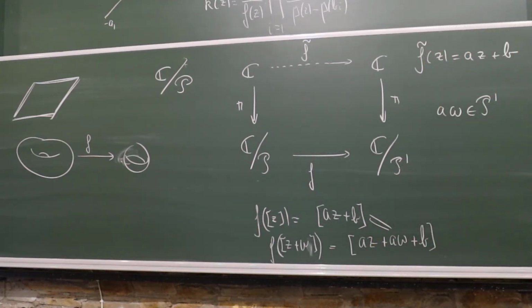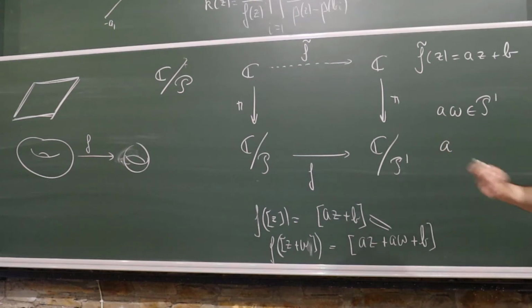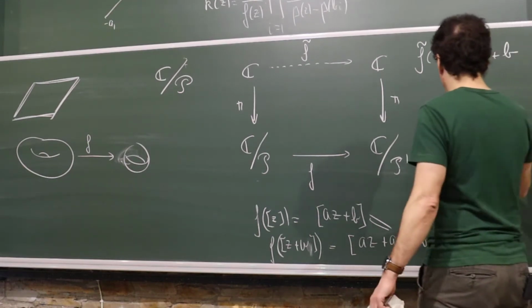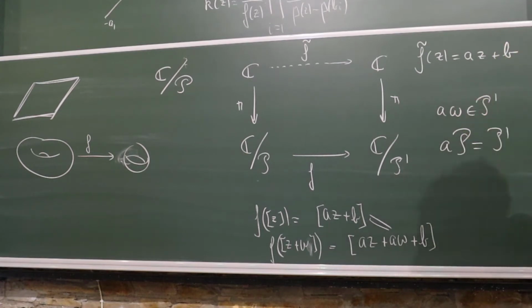So it is necessary, and in fact sufficient, for two tori like this to be conformally equivalent, to be analytically equivalent, that there exists some non-zero number A such that A P equals P prime. Well, in fact, we have an inclusion on one side, but as it is a biholomorphism, we have the opposite inclusion.